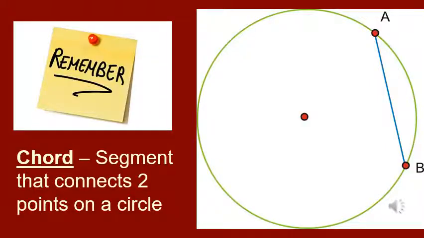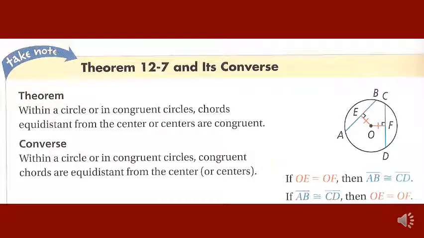You should remember from a couple weeks ago the term chord. A chord was just a segment that connected 2 points on a circle, and today we're going to find out a lot more about chords. I'm going to take a quick look at 4 rules that your book presents as theorems, even though they're all pretty much common sense.